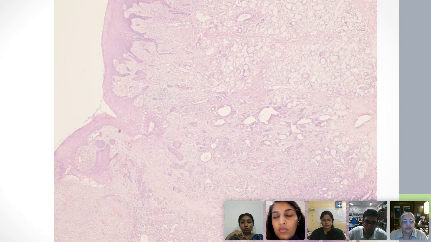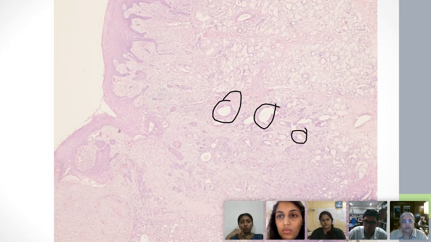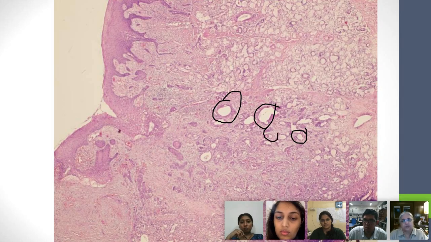There are structures here, right? All these structures? There are so many of them, small, large, whatever. So what do you want to call them? You know, Ashish, you have to be very carefully observing everything over here.